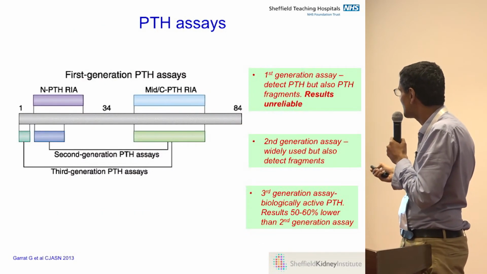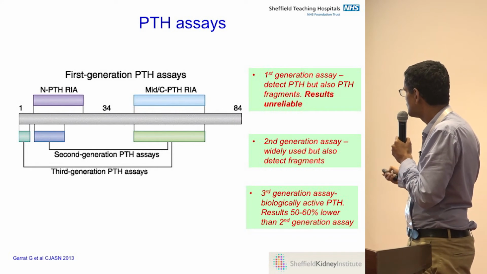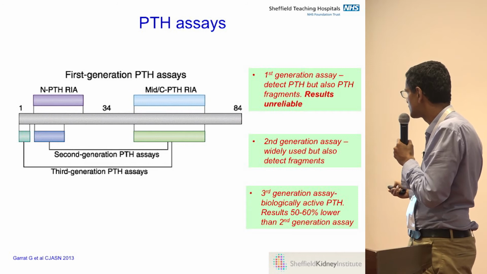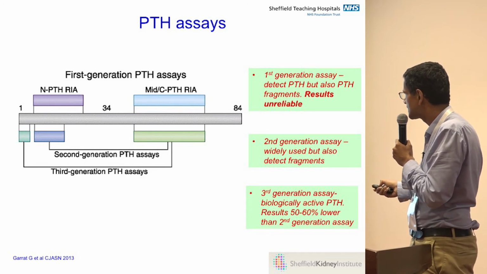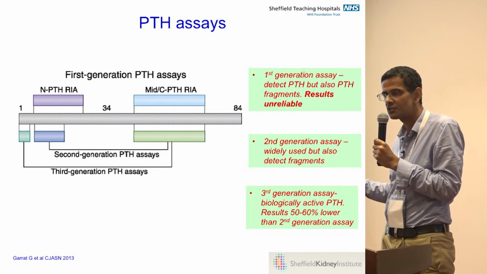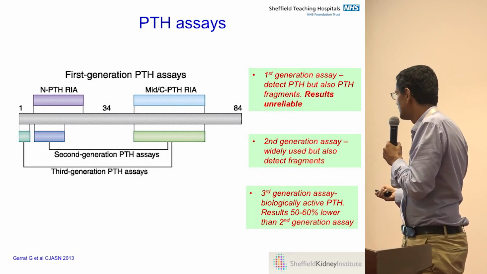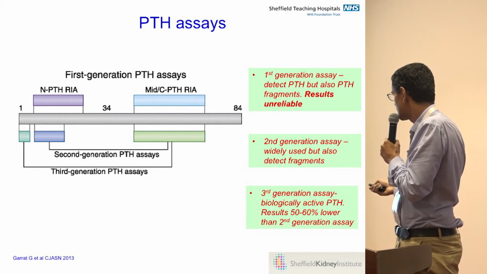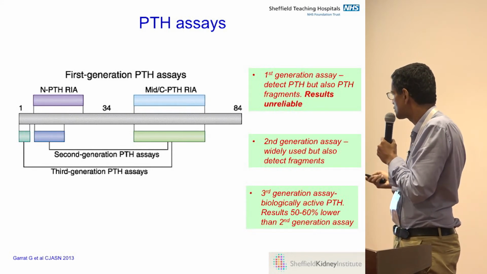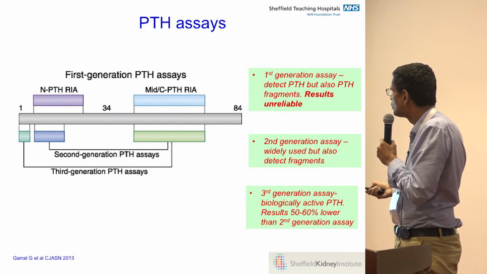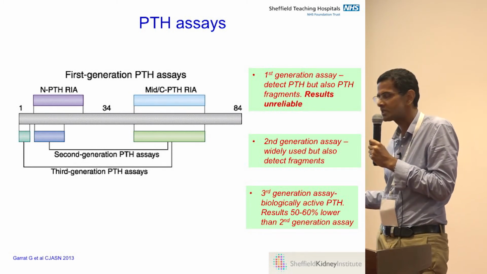Finally, just one thing about the assays. There are 3 generations of assays. There's a second generation assay that most of us will use, okay? And this detects intact PTH, but it also detects PTH fragments, okay? There's a stand in the tent outside selling third generation assays. So the third generation assay effectively measures whole PTH and doesn't measure the fragments, okay?